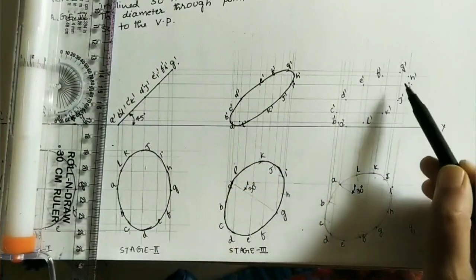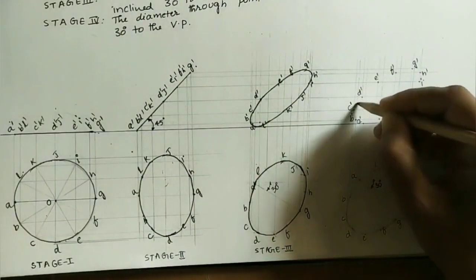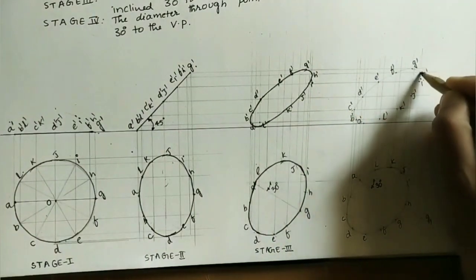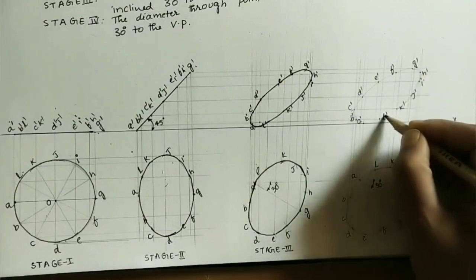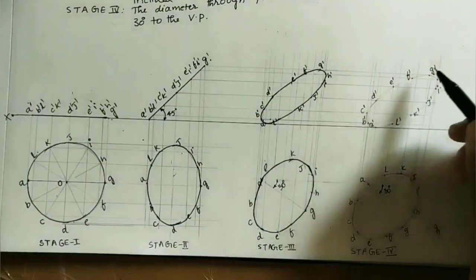Okay, join all these points with a freehand curve. We will get the front view. Make it dark.